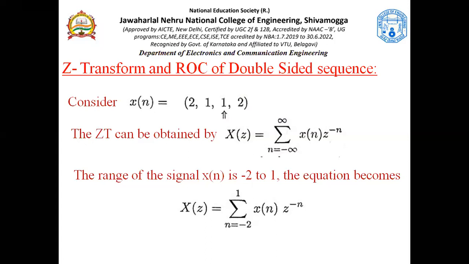So -2 to 1. That's why the limits of summation are adjusted. While writing, we take it from -infinity to +infinity because this is the standard equation. In this standard equation, seeing the x(n), we will adjust that. Now, how does it look?